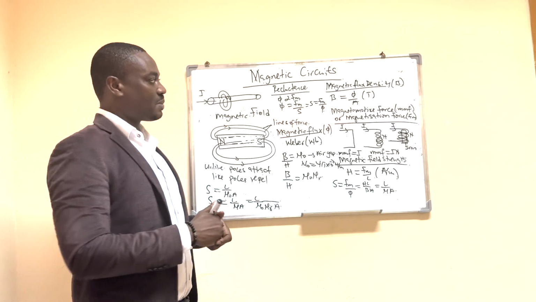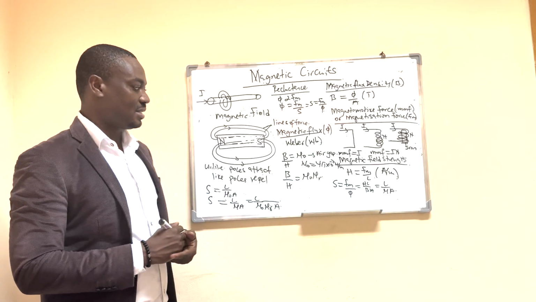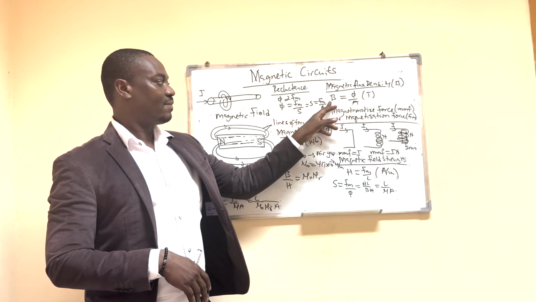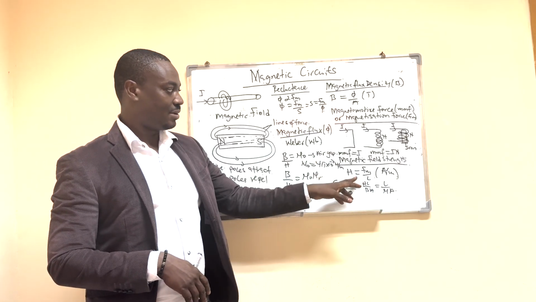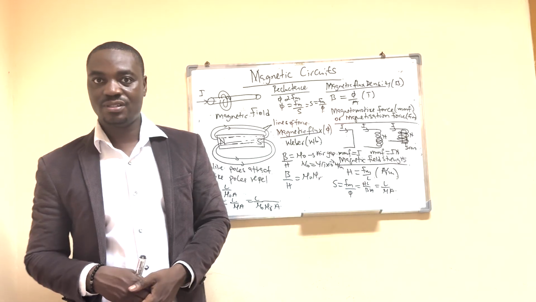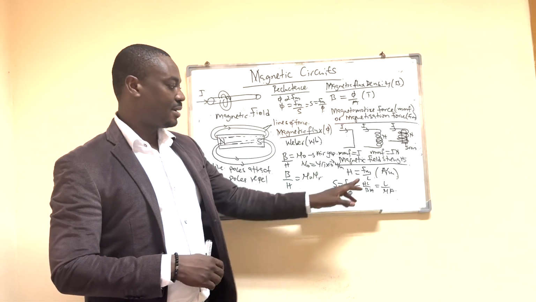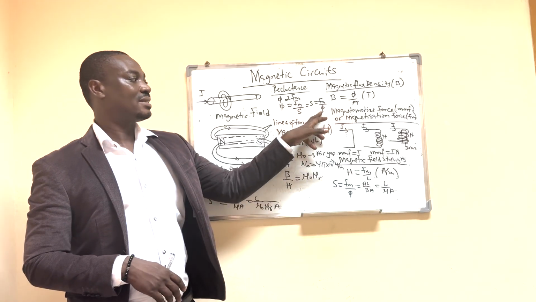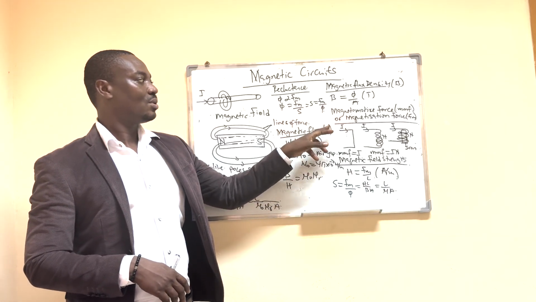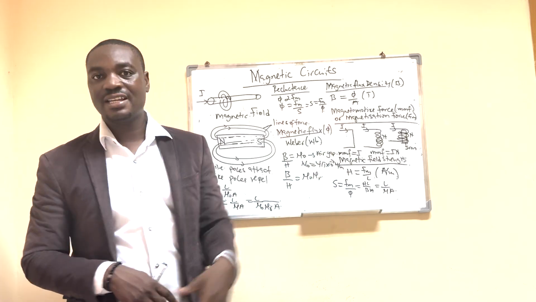Now we can expand on this idea and see what we can get out of this. I can replace the magnetomotive force with what? HL, right? Because we know magnetic field strength is equal to Fm over L. So you make Fm the subject, you get H times L. And then when it comes to the magnetic flux, I can also get it from the magnetic flux density formula.